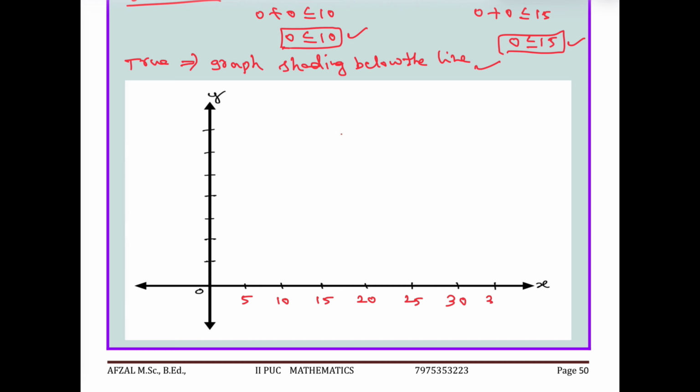The formula is probability of B2 given R equals probability of B2 into probability of R given B2, divided by probability of B1 into probability of R given B1 plus probability of B2 into probability of R given B2.